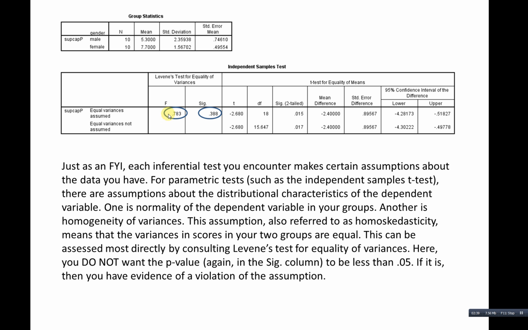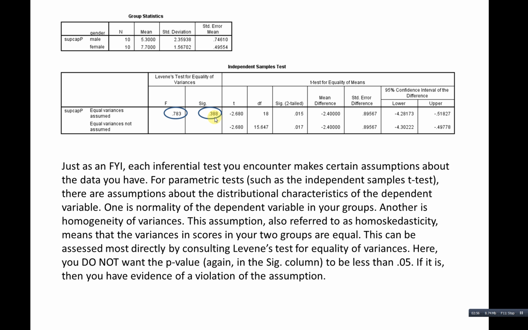So as you're looking right here, if you are interpreting this first row of information and you're trying to interpret the t-test, you can look at Levene's test and ascertain whether or not the assumption of homogeneity of variances appears to be met.